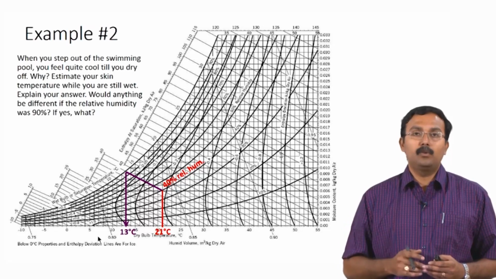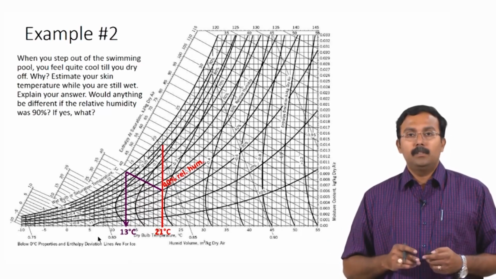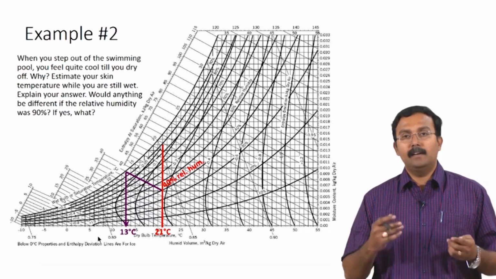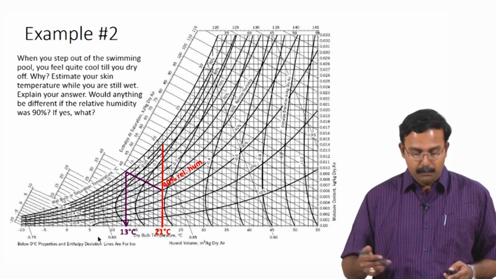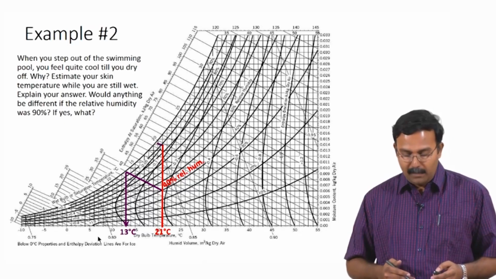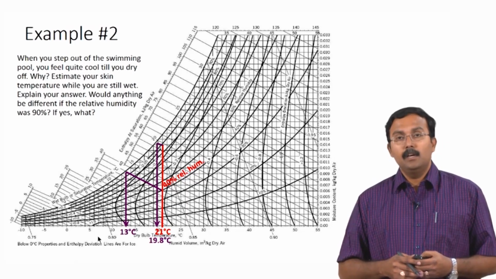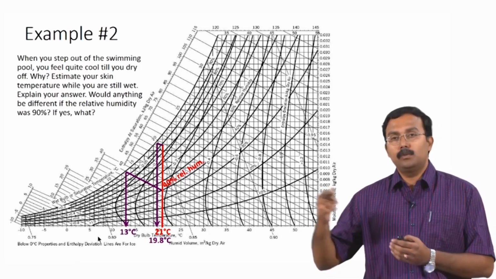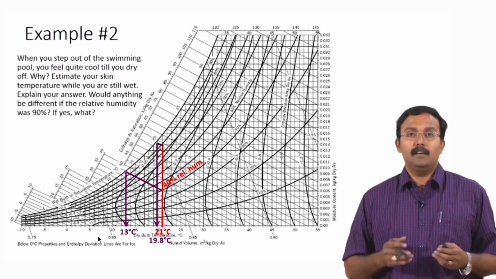That is why you feel a lot colder when you are wet compared to when you are dry at the same temperature. If you had 90% relative humidity instead of 40% relative humidity, what you would have is a wet bulb temperature of about 19.8 degrees Celsius, which means it is much closer to what is actually present in the environment, therefore, you would feel a lot better.